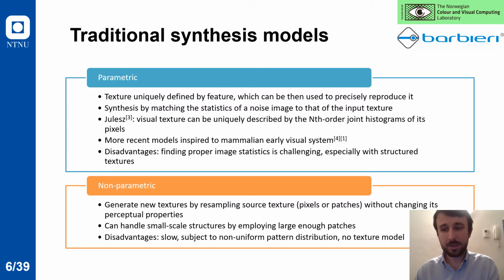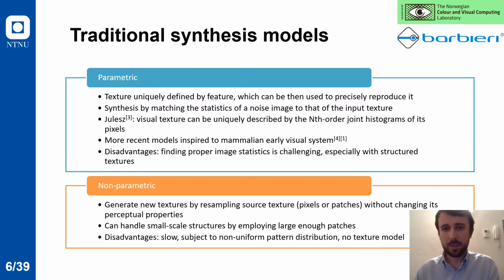Traditionally, texture synthesis models can be divided into two major groups. The parametric texture synthesis methods try to uniquely define a certain texture using various features, either statistical or others.